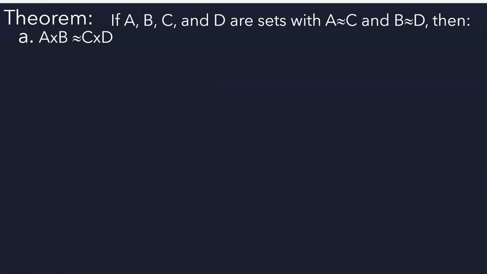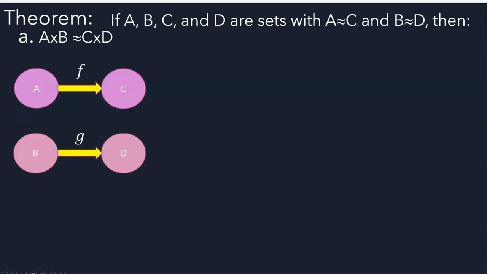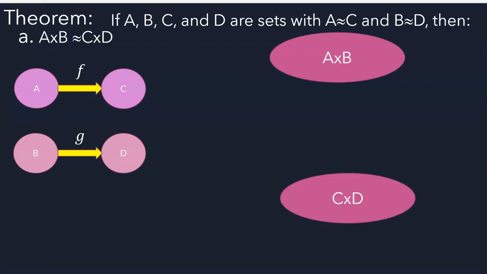Suppose A, B, C, and D are all sets, and A is equivalent to C and B is equivalent to D. Then A cross B is equivalent to C cross D. So if A is equivalent to C and B is equivalent to D, we have something like this. f is a one-to-one mapping from A to C, and g is a mapping from B to D. I need to construct a mapping from A cross B to C cross D. Elements in A cross B look like (a, b), and elements in C cross D look like (c, d).